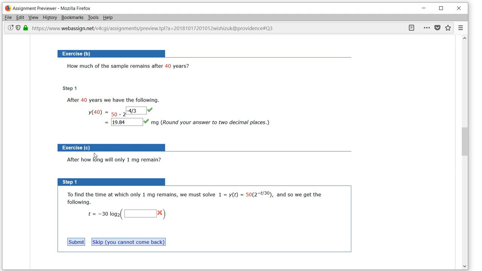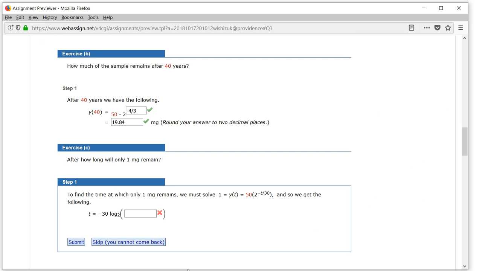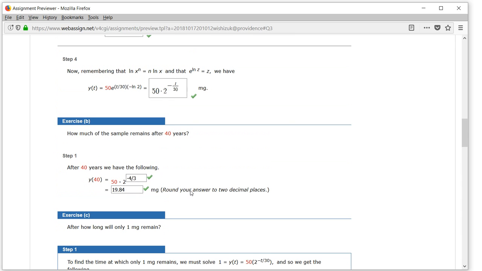Let's look at part C. After how long will only 1 milligram remain? We have a formula, but I have to look that up. The formula is y of t is equal to 50 times 2 to the negative t over 30.